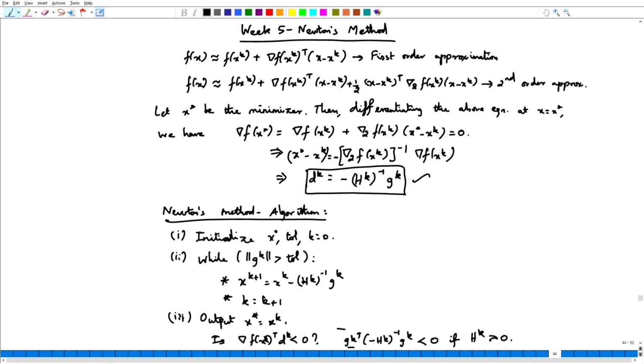Okay. So, nevertheless, if H k is positive definite, for example if we have a convex function, the Hessian of a convex function is always positive definite. So if we have that, then yes, every step in Newton's method is a descent direction, but if H k were not positive definite, then we are actually having a problem.